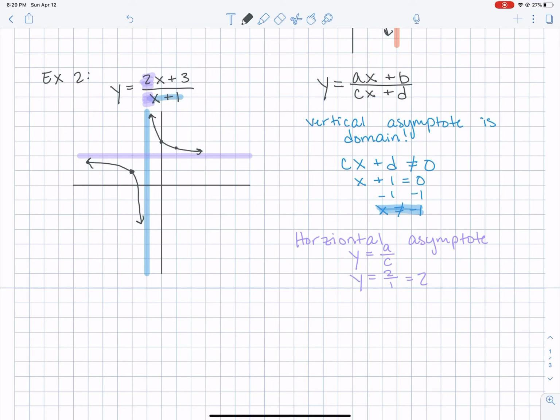And if you didn't want to go ahead and graph it that way, you of course can always kind of change around your function. So you can change this function here. We're starting with y is equal to 2x plus 3 over x plus 1.